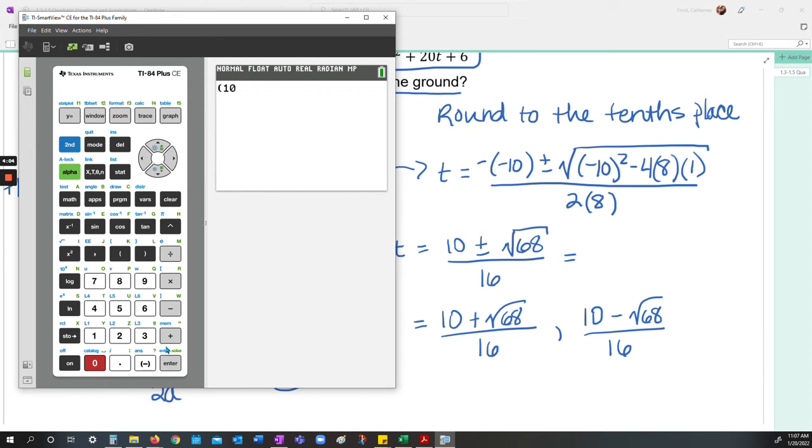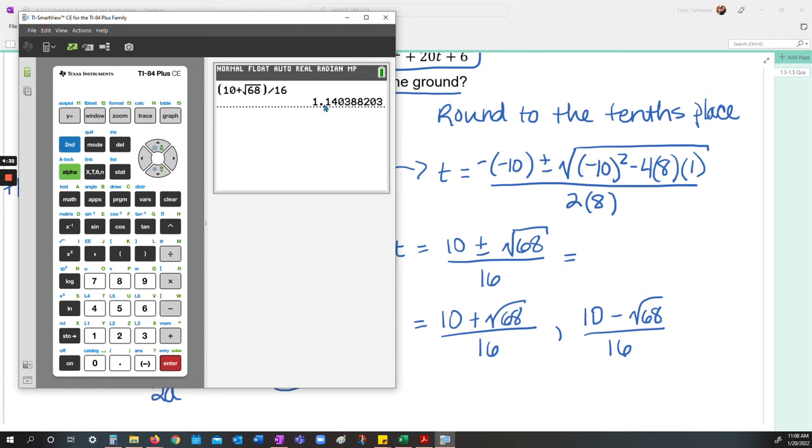So 10 plus second square root 68, and then I have to arrow out of this, close parentheses, and divide by 16. So if you leave off the parentheses, it's going to be incorrect. In the Alex calculator, though, I can't remember. It might look a little different, where it actually puts the whole thing in the fraction, and you don't need parentheses.